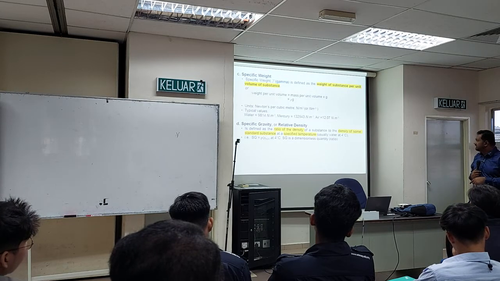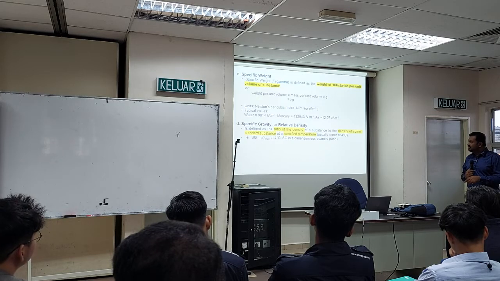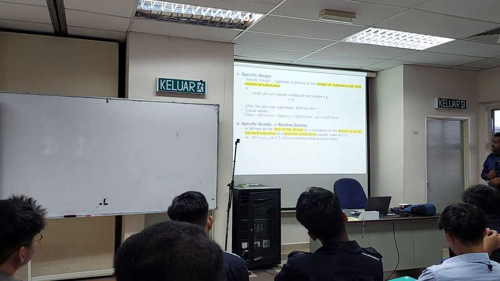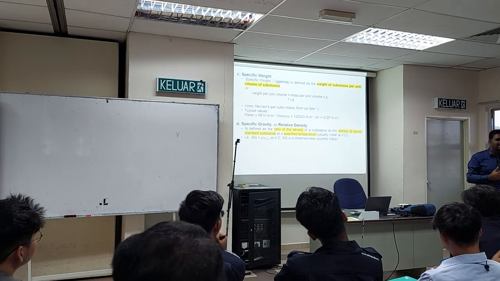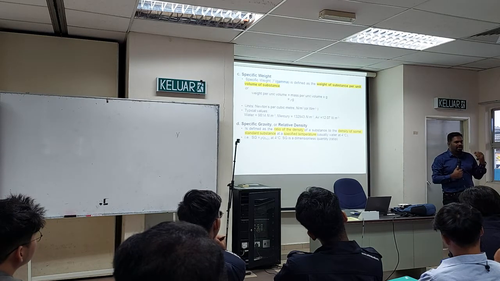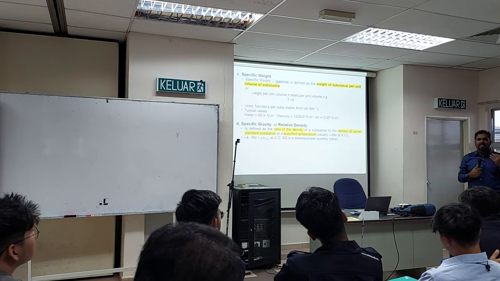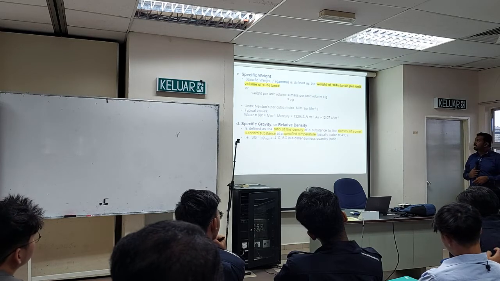So it's a dimensionless quantity, and we always will compare the particular density to water, H2O. Usually water at 4 degrees Celsius. So kalau you nak tanya kenapa 4 degrees Celsius, so it's not ice and it's almost becoming a solid. So that's why we are taking 4 degrees Celsius.